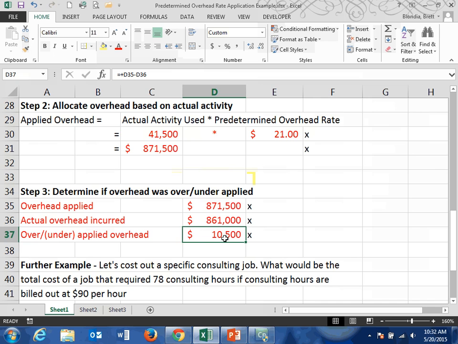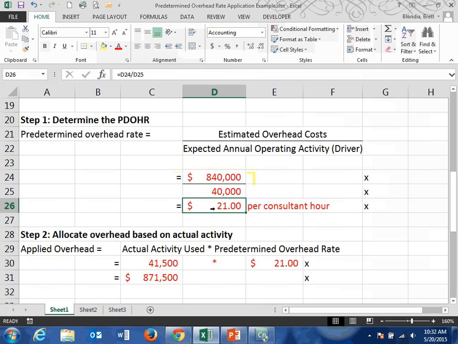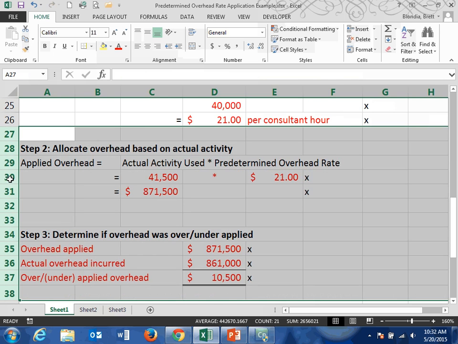The same holds true for costing out a specific job. We calculate this rate at the start of the year, and then as we work through jobs, we charge costs to jobs. Let's see if we can do that, using the same information up here, the same $21 per consultant hour predetermined overhead rate. We're going to cost out a specific consulting job, one of the jobs we started during the year.